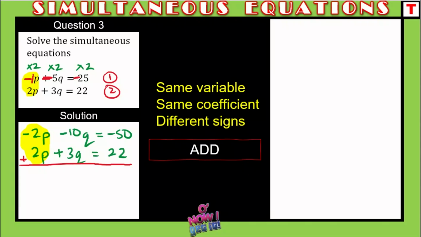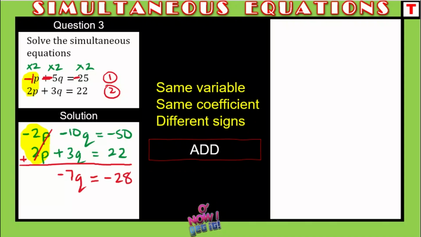We can see that they are opposites, therefore these are going to cancel. And we have the -10 plus the 3, which is going to give us our -7q. And -50 plus 22, we're going to be left with -28.